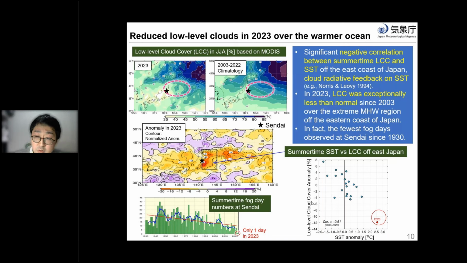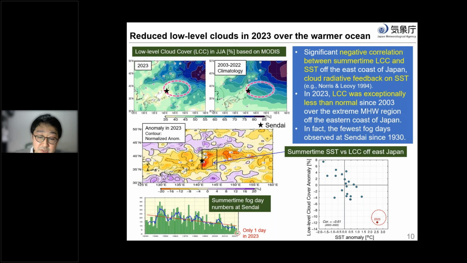So in 2023 summer, to the east of Japan, low-level cloud was exceptionally less than normal, at least since 2003, associated with marine heat wave conditions. In fact, at Sendai Station, on the east coast of northern Japan, the fewest fog days were observed since 1930.